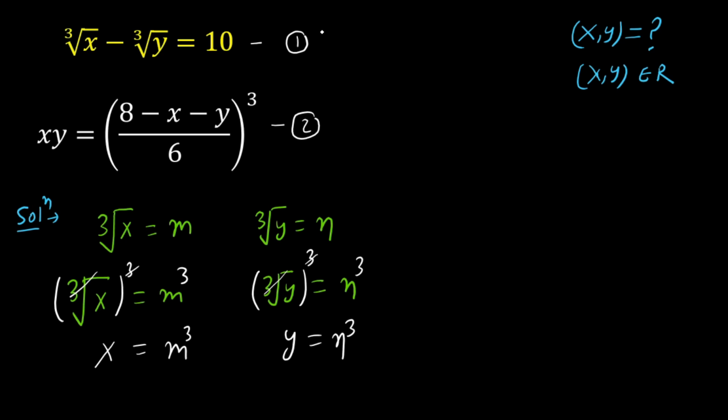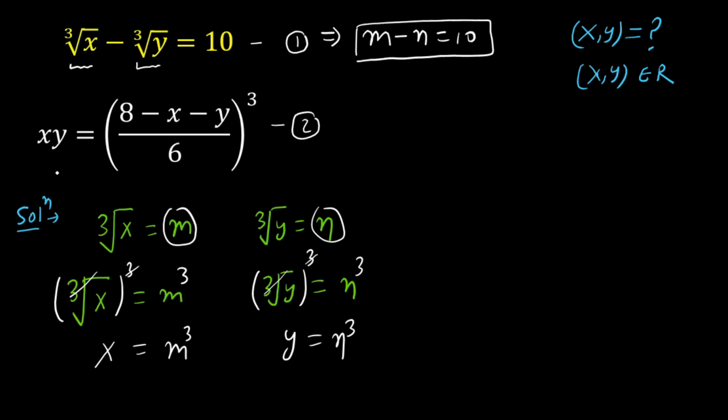Then here, cube root of x is replaced by m, cube root of y is replaced by n, so m minus n equals 10.